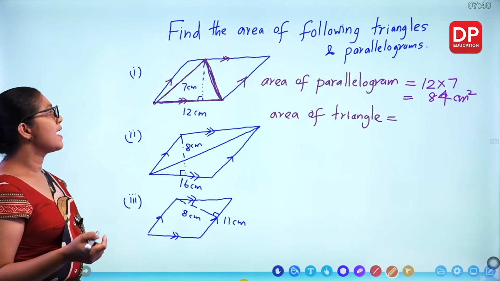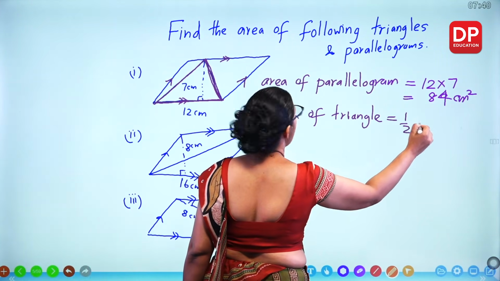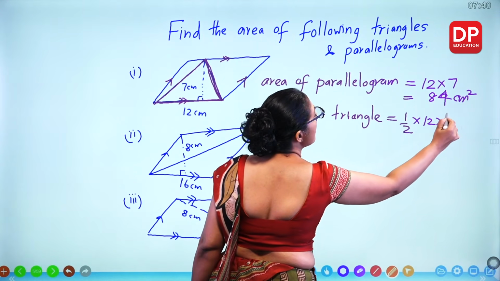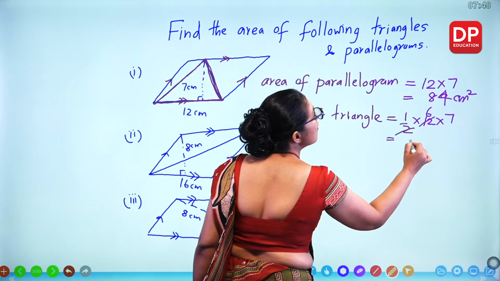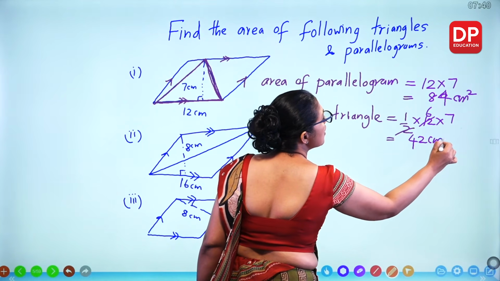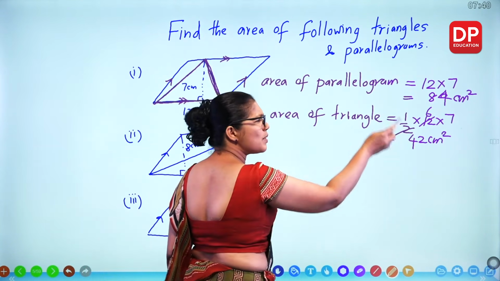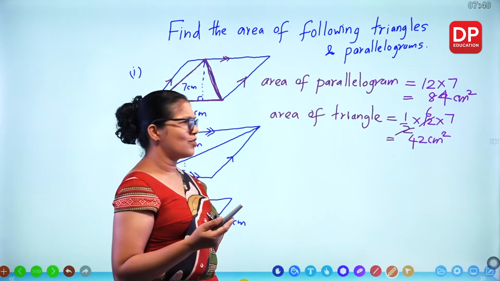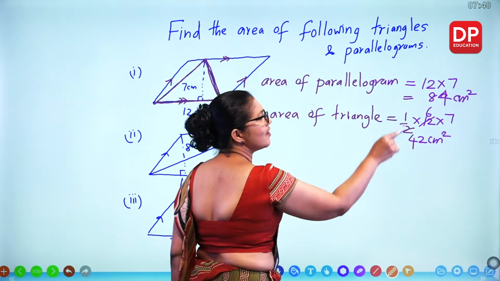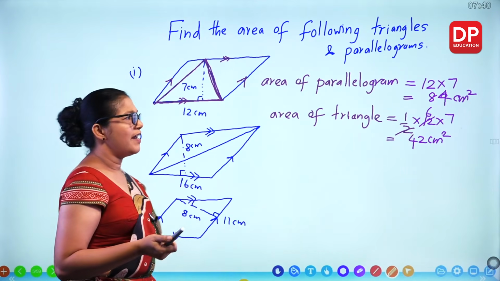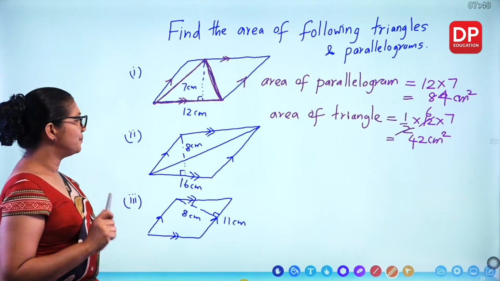Half times base times height. Half times base 12 and height 7. When you simplify this, you get 42 square centimeters. Do you see a relationship between these two? 42 times 2, you get 84. Think about it carefully. Area of a triangle and area of a parallelogram.